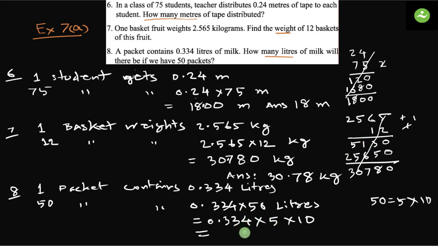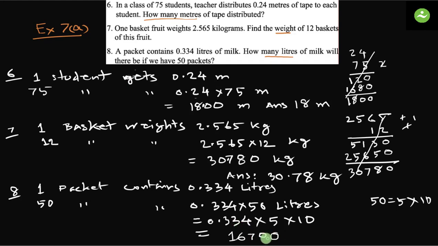5 into 4 is 20. 2 in hand. 3 into 5, 15. 15 and 2, 17. 17 and 1 in hand. 3 into 5, 15. 15 and 1, 16. Now you see there is a 10, so put a 0 on the right. That is the result.